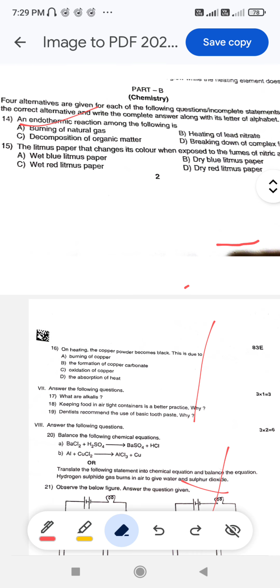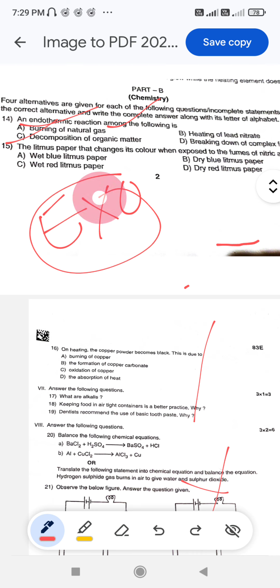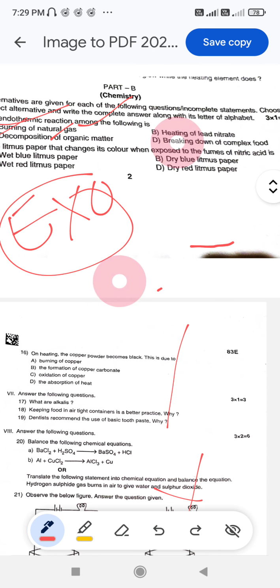And the third option, option C, is decomposition of organic matter. Decomposition of organic matter is also an exothermic reaction, because after decomposing, the organic matter releases some energy. Another option, D, is breaking down of complex food.